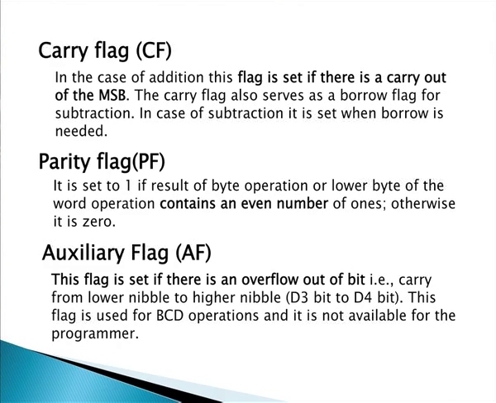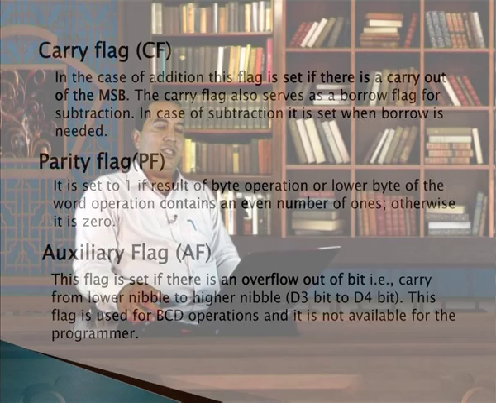So, this flag is used by the microprocessor internally only. When we perform an arithmetic or logical operation and a carry is transferred from the lower nibble to the higher nibble, then the auxiliary carry flag will be set. And if there is no carry from the D3 position, then the auxiliary carry will be reset or 0.